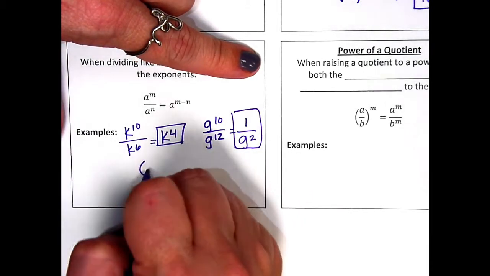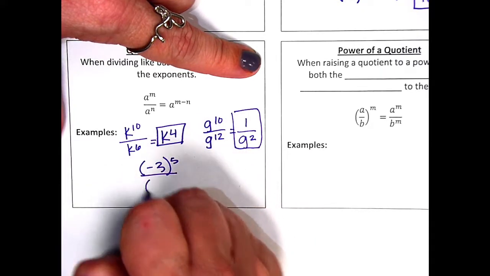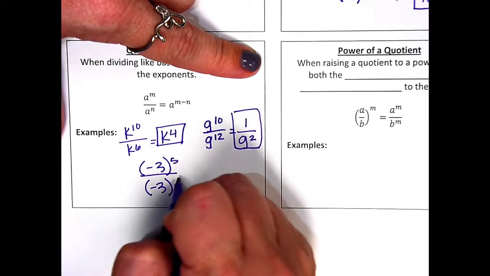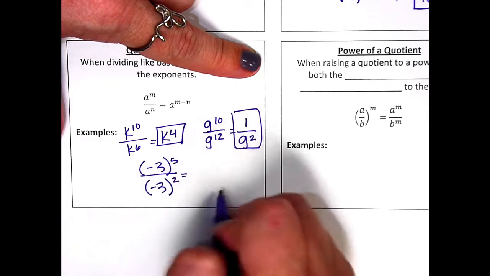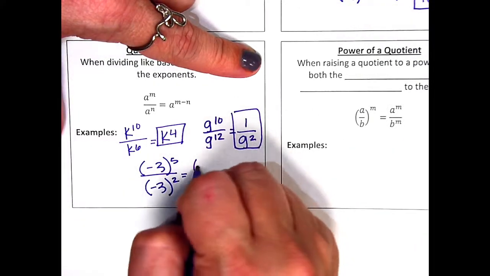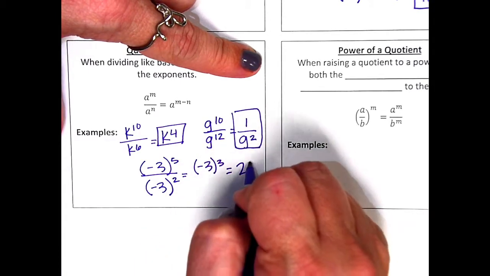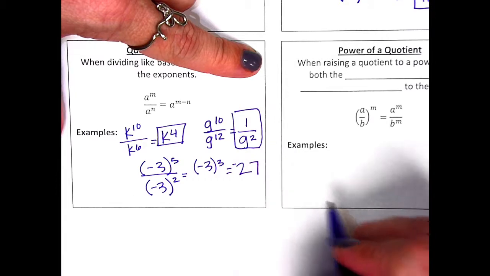One more. Negative 3 to the 5th over negative 3 squared. I'm going to bring it to the top. So I get negative 3 cubed, which is, oops, negative 27.